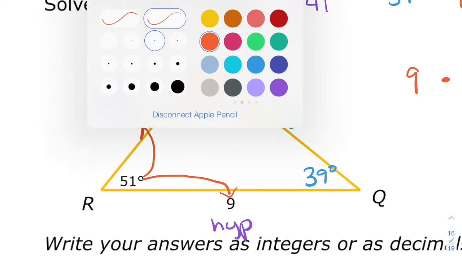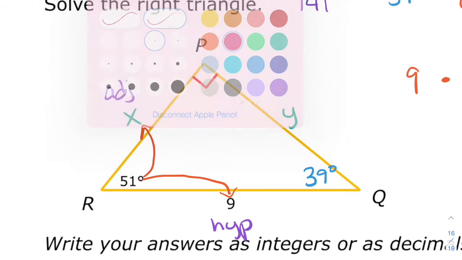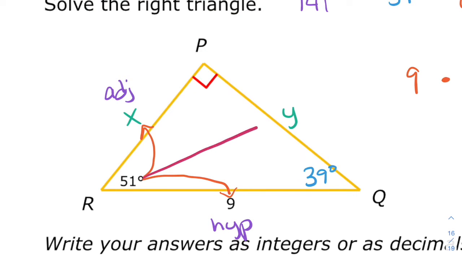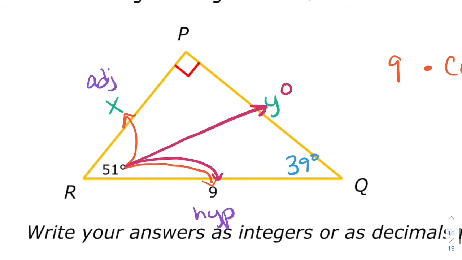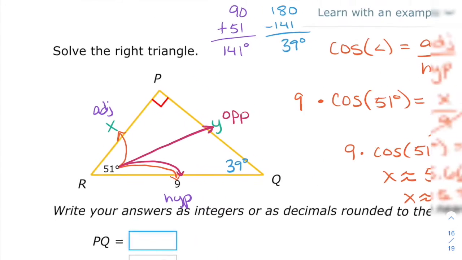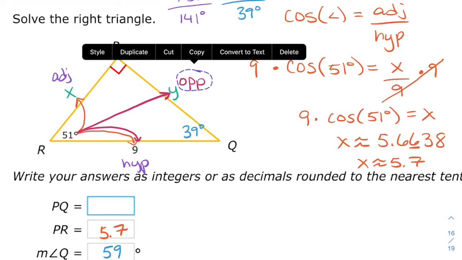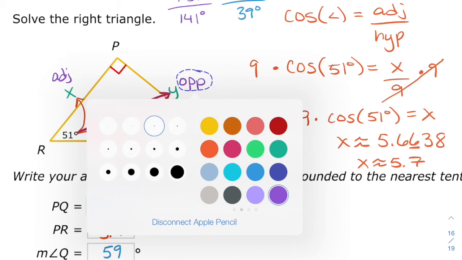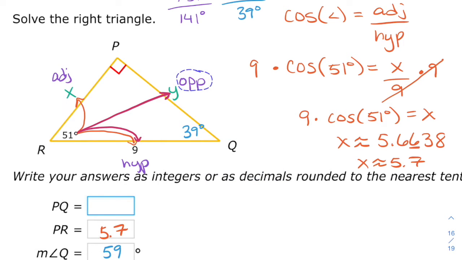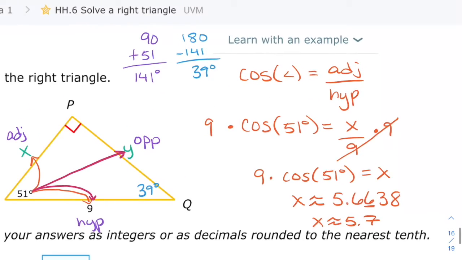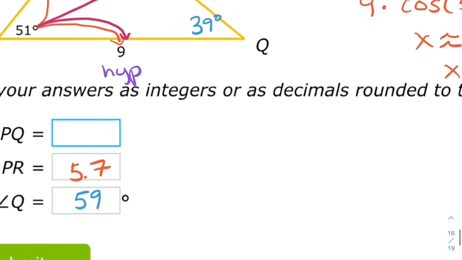Now the last one here is going to be the opposite over the hypotenuse. Everything I'm doing is in terms of the 51-degree angle. So in maroon, I will do this one.